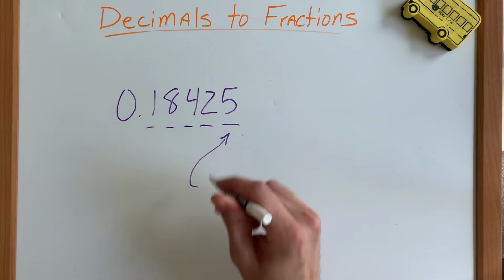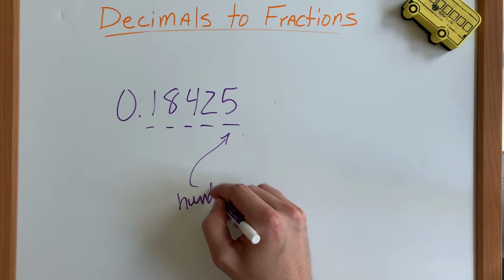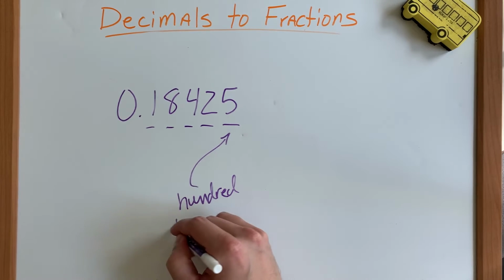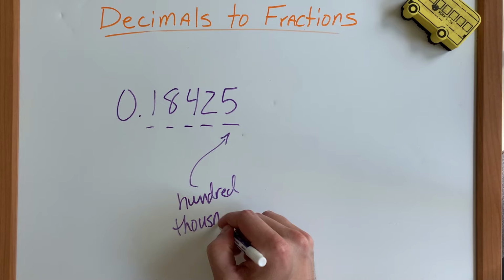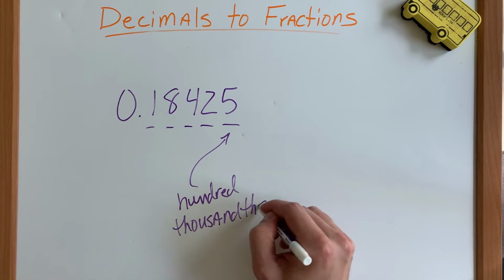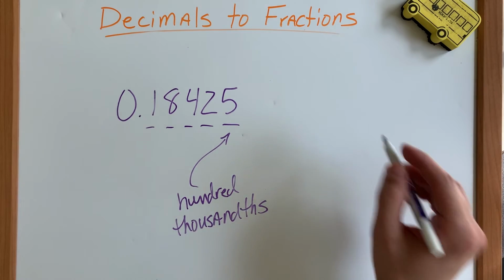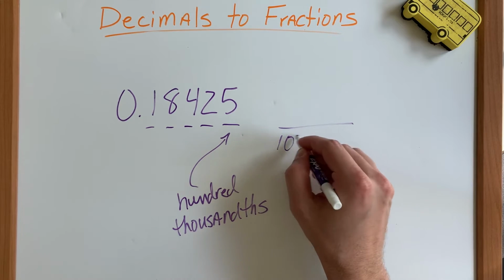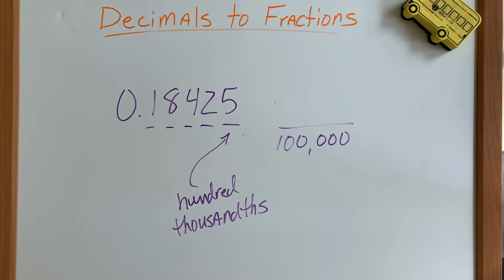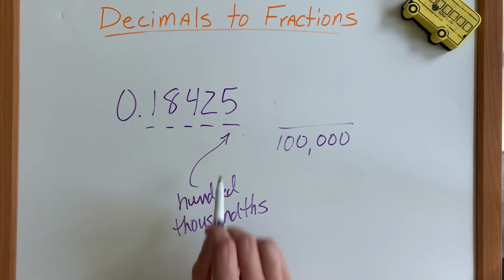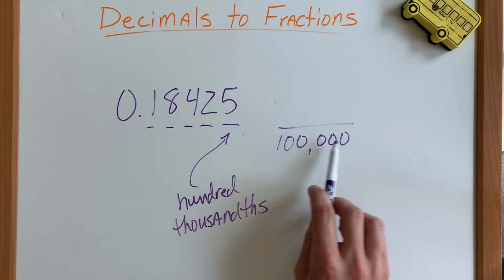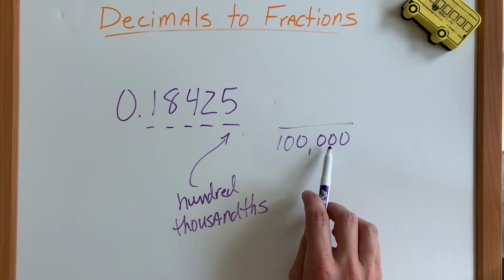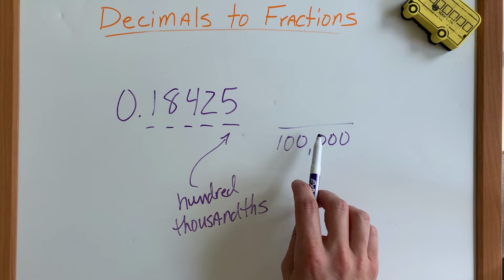If this place value is the 100,000ths, then what we need is a fraction that has 100,000 on the bottom. The 100,000ths place value means we need 100,000 as our denominator to convert the decimal to the fraction.